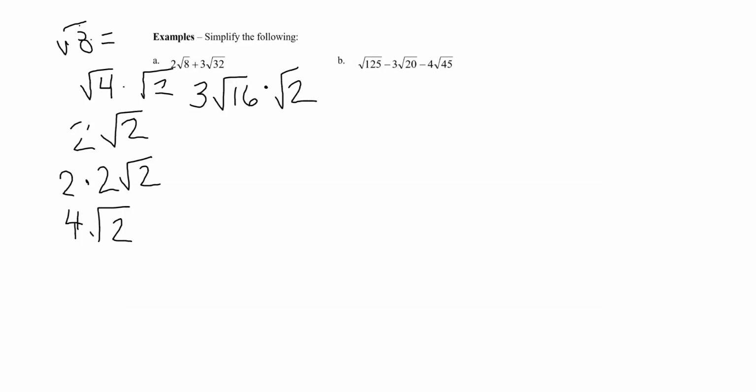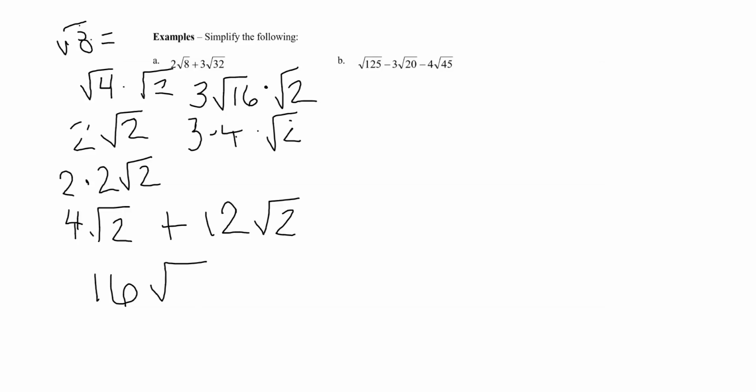The square root of 16 is 4, so we're going to end up with 3 times 4 times the square root of 2. 3 times 4 is 12. And then we have our square root 2. Okay. 4 plus 12 is 16. And then we keep our square root of 2, because now we have the like radical, so we can add it together.